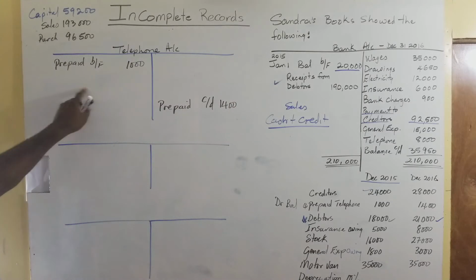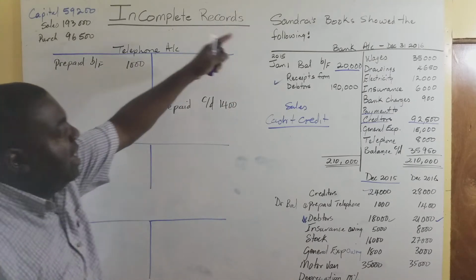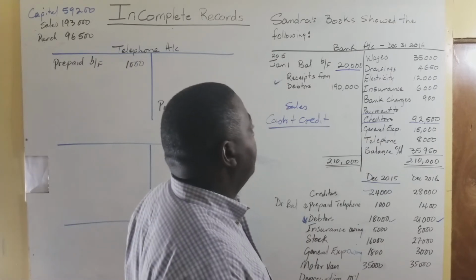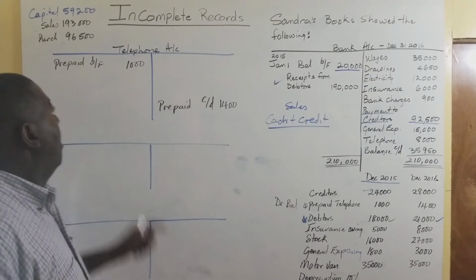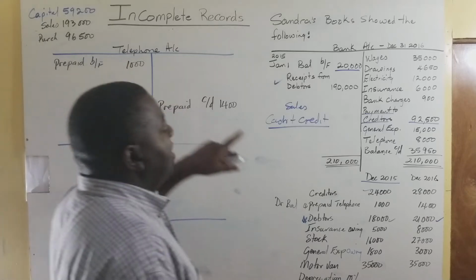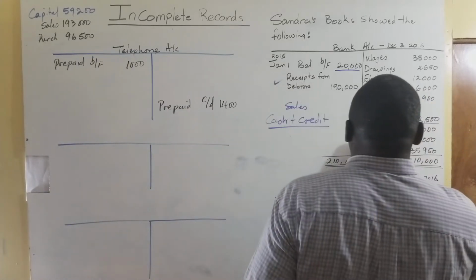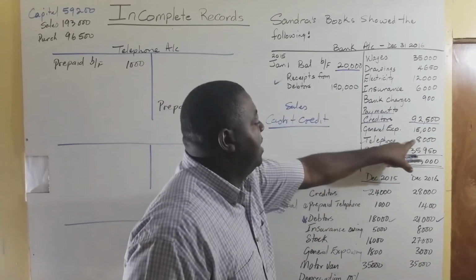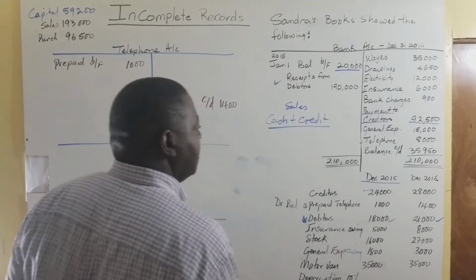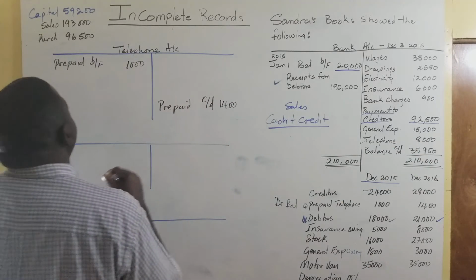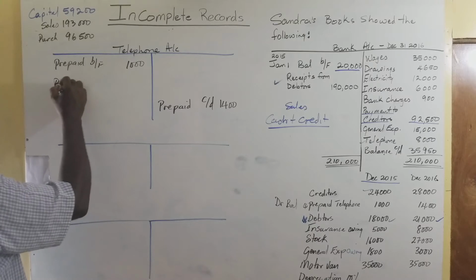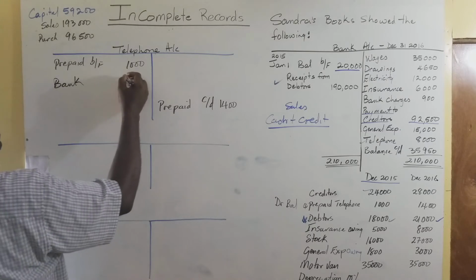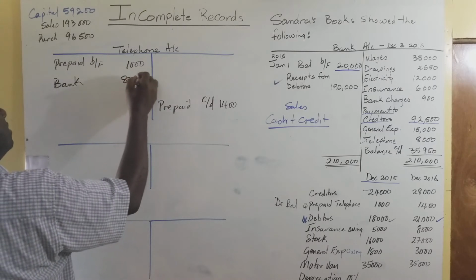Now that we have entered both, we can go to the bank account to ascertain information about the payment for telephone. And we see it right here, that the telephone bill was paid for $8,000. So we go here, bank, and it is $8,000.